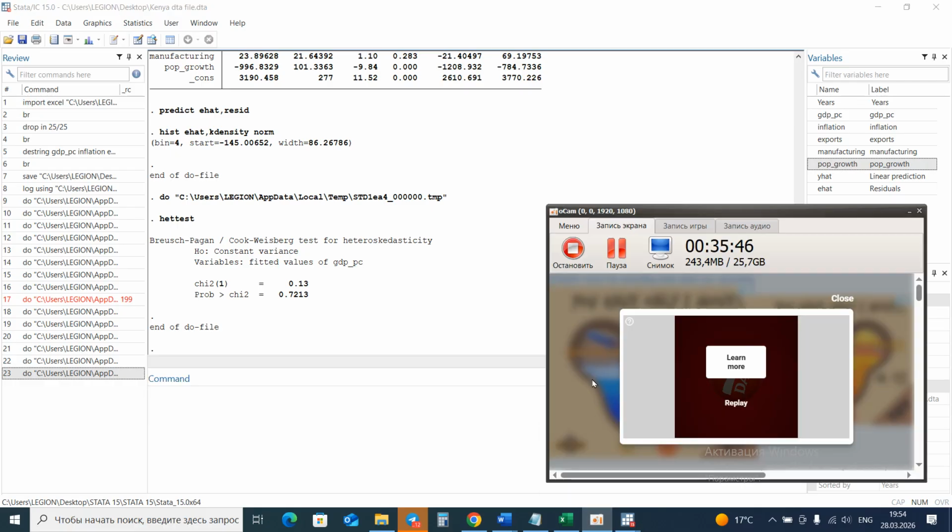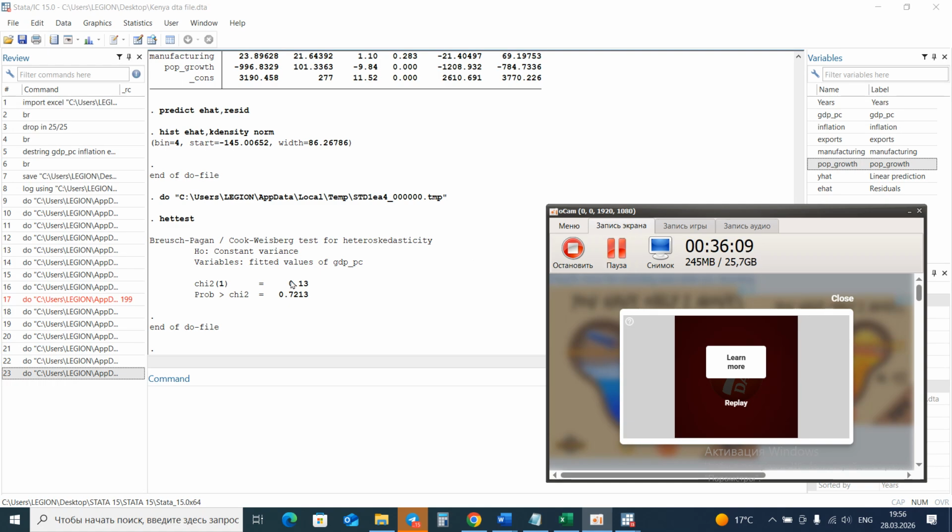And here we use it to check for heteroscedasticity in a regression model. Heteroscedasticity occurs when the variance of the errors isn't constant across all levels of independent variables. So how can we check it?